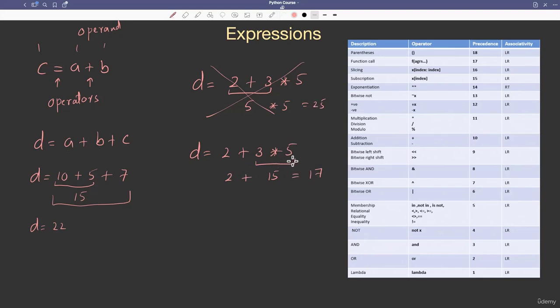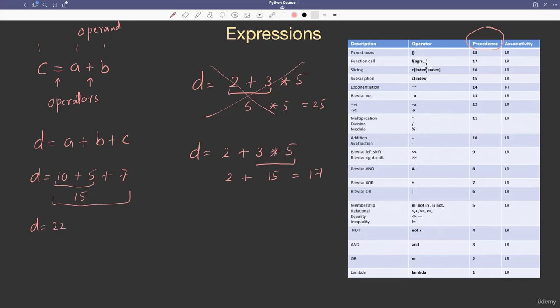This involves simple mathematics. We know that multiplication has higher precedence over addition. So first multiply these two values and add that with this 2. A similar thing happens in Python also. Operators have their precedences, and they are executed based on their precedence.